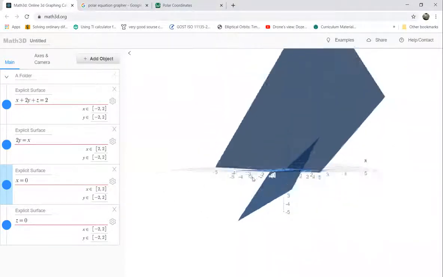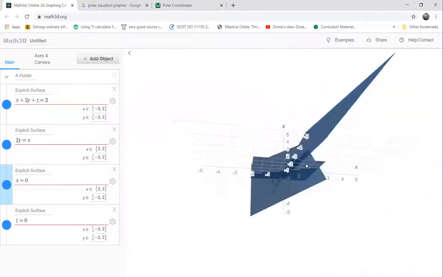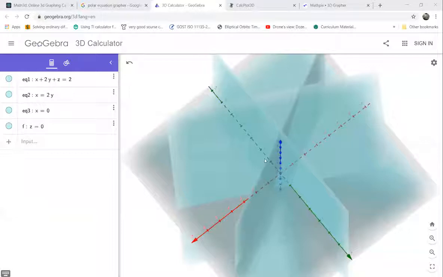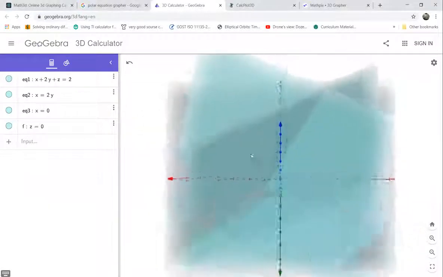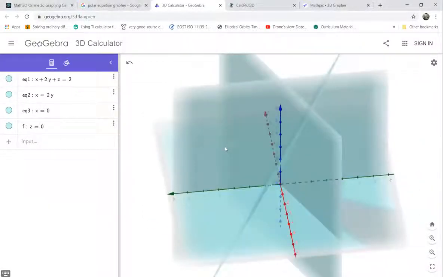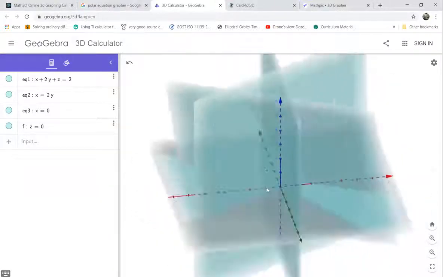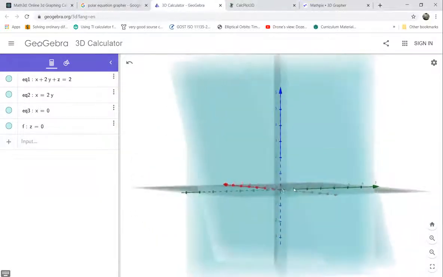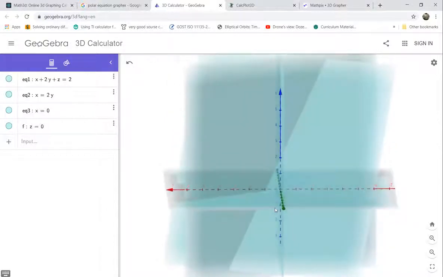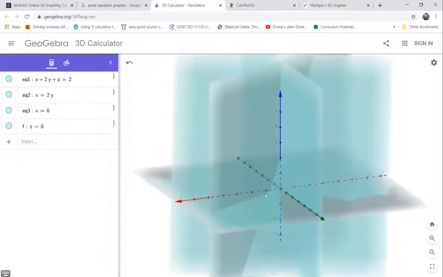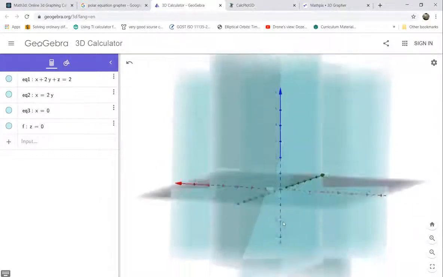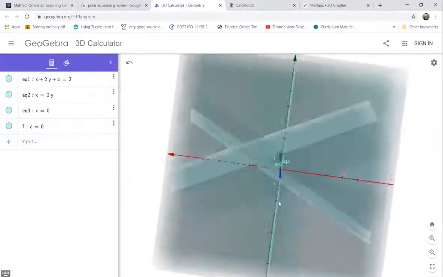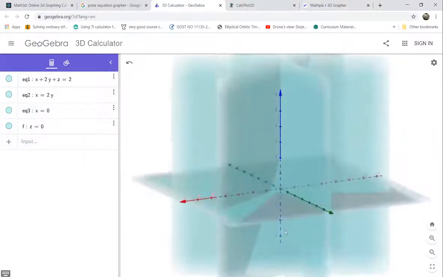Okay, the intersection between these actually form a tetrahedron. Let's take a look at another graph. Okay, I hope you see this little tetrahedron. We just rotate this. You can actually see the tetrahedron as an intersection of these in space.